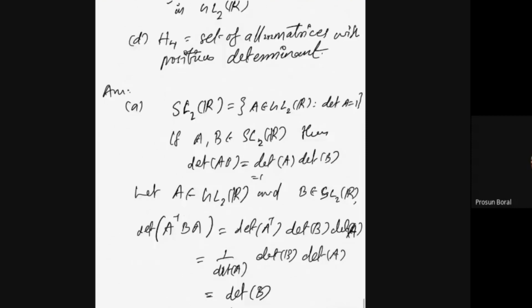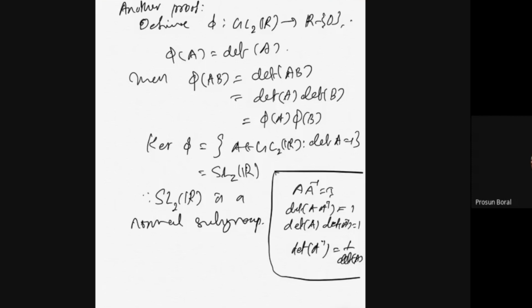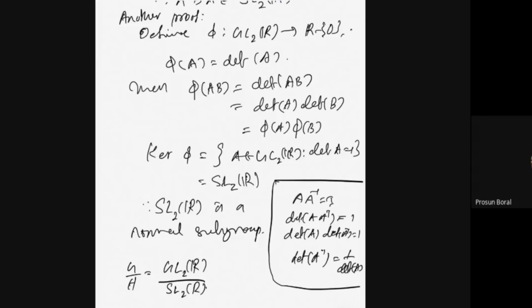Now the question is, so this is a normal subgroup, so we need to find what G by H is, that is GL2R by SL2R. Here we will use the last argument.